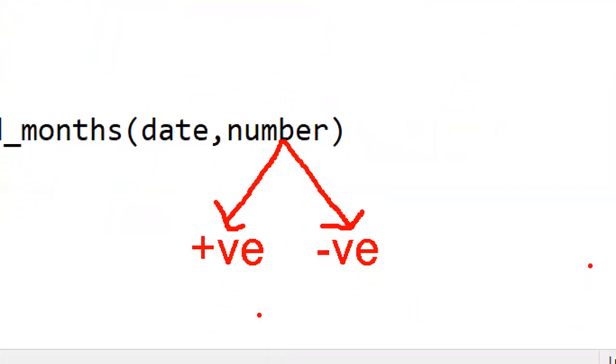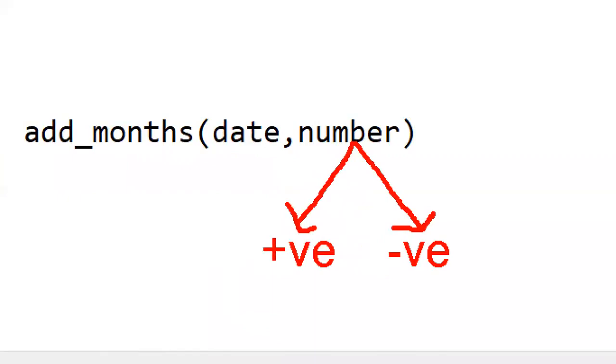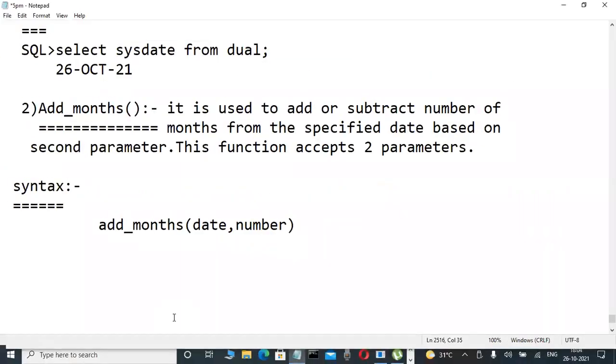Now slowly observe. Add underscore months, date, comma, number, any date. Positive, negative. Okay, now concentrate.